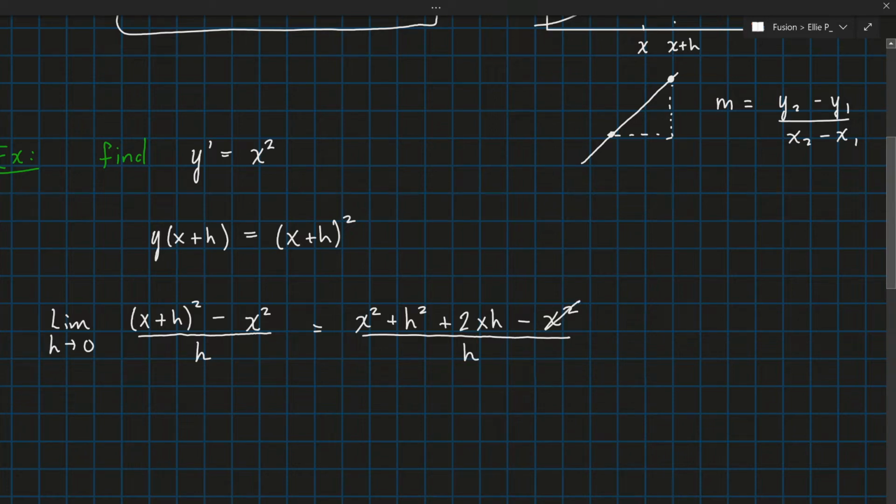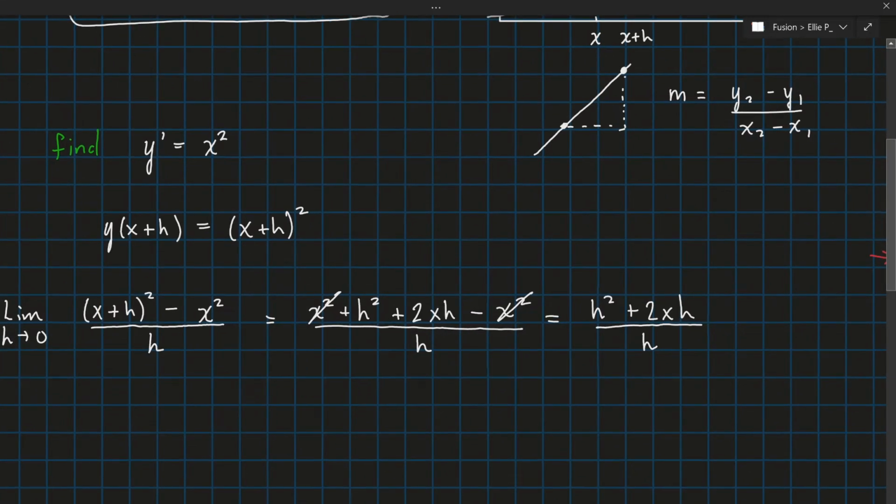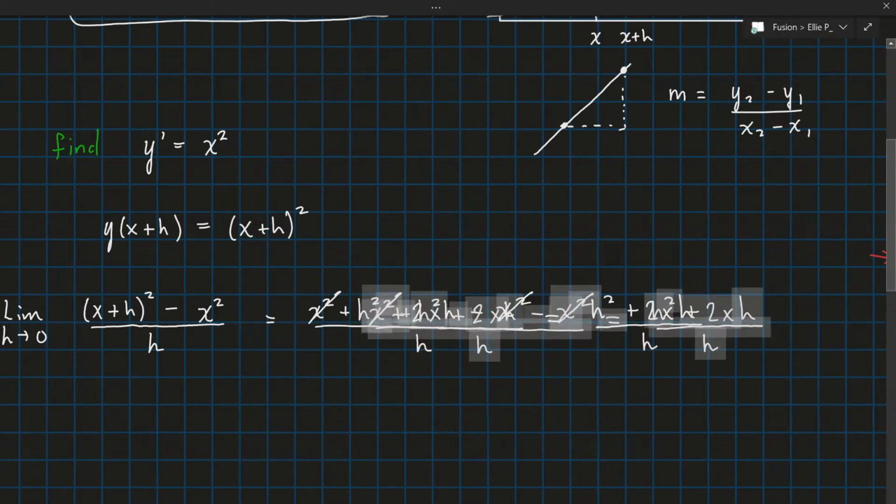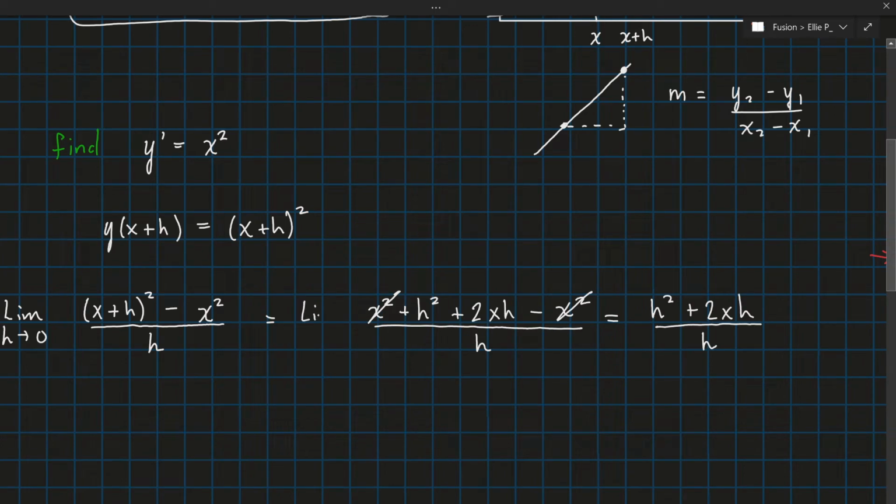So the x squareds will cancel. And then we'll have h squared plus 2xh over h. Oh, and I keep on forgetting this, even though I told you not to do it, so I'm breaking my own rule. Keep writing the limit, yeah.